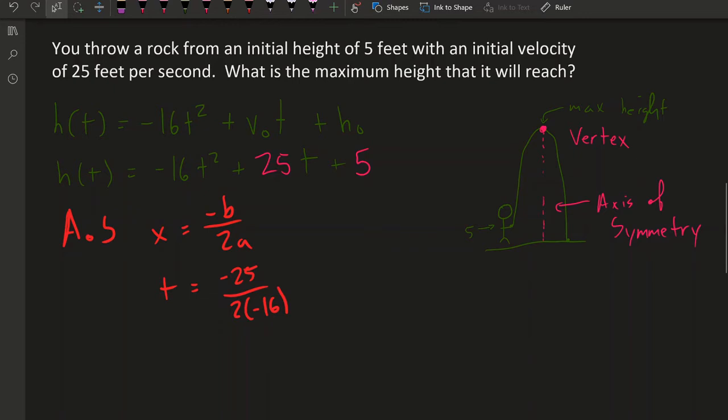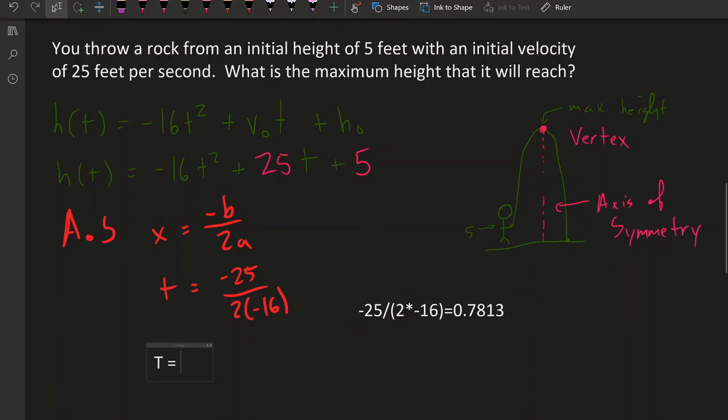Using my calculator to do this calculation, I can do negative 25 divided by 2 times negative 16, which is equal to 0.7813.